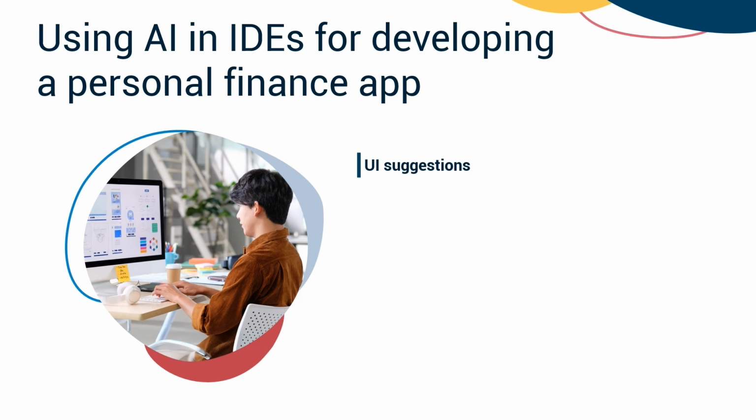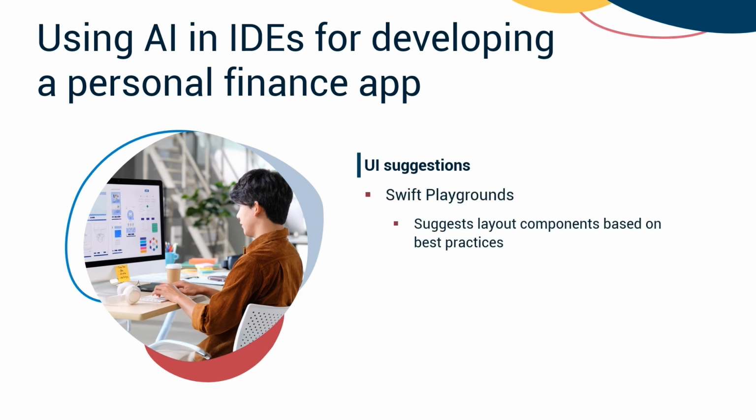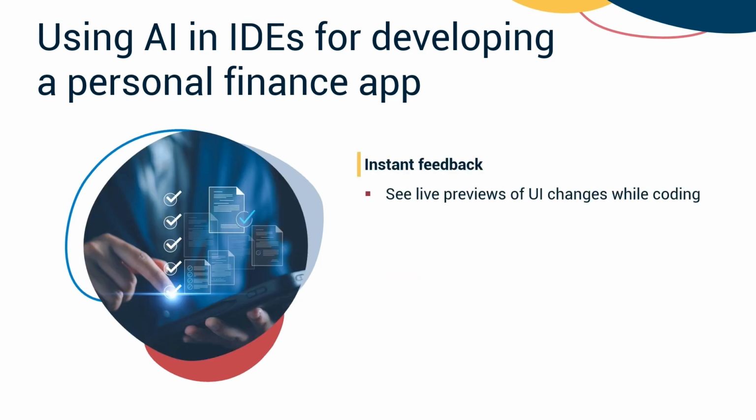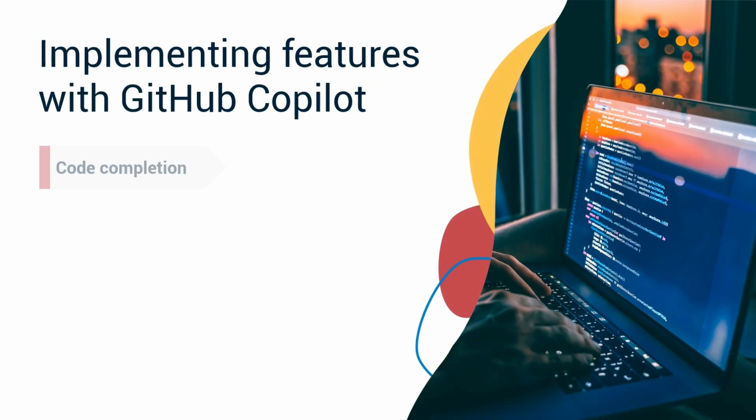As you begin coding the user interface, Swift Playgrounds suggests layout components based on best practices. For example, it may recommend using a list to display transactions and a chart to visualize spending patterns. You see live previews of UI changes while coding, thanks to instant feedback features. While coding, you turn to GitHub Copilot for assistance.